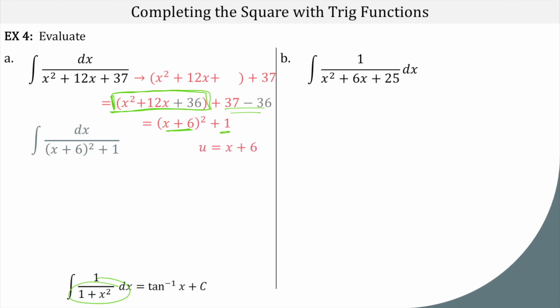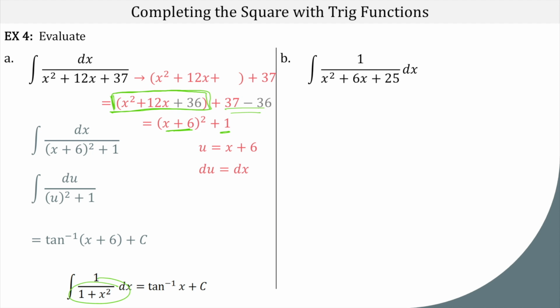So u equals x plus 6, du equals dx, that's good. So we're integrating du over u squared plus 1, which would be tan inverse of u, or tan inverse of x plus 6 plus c.